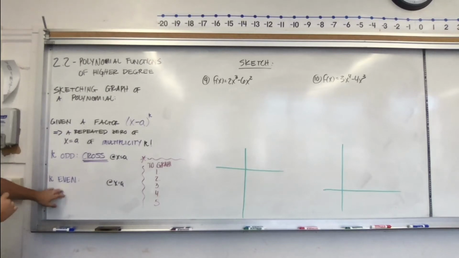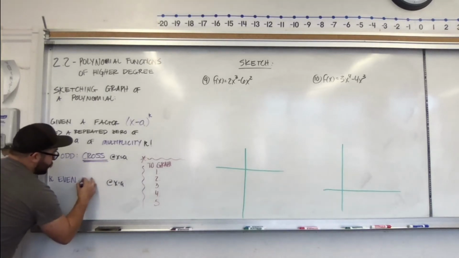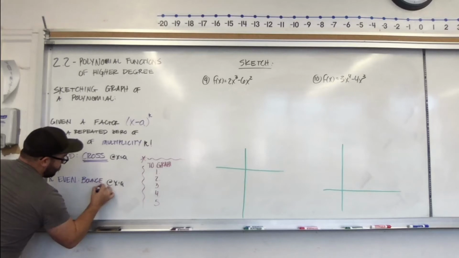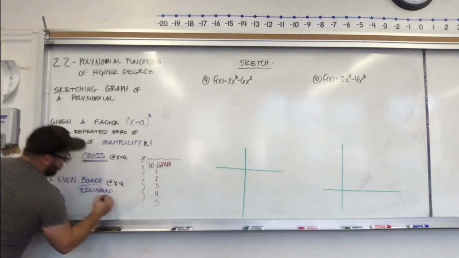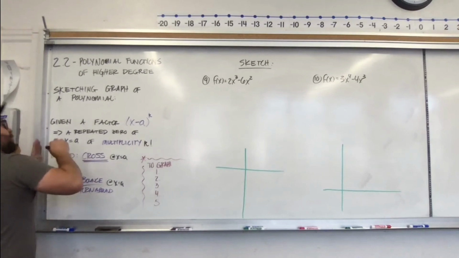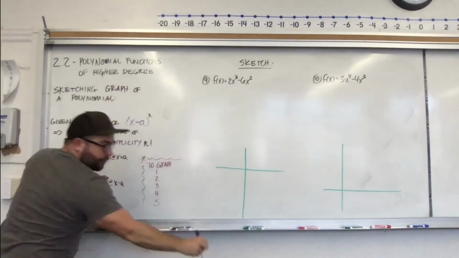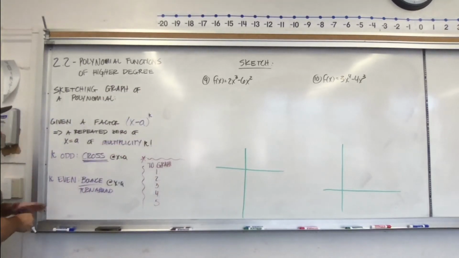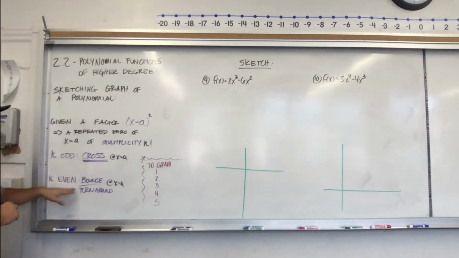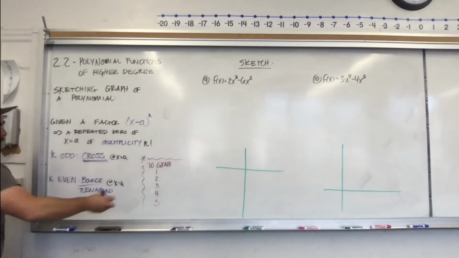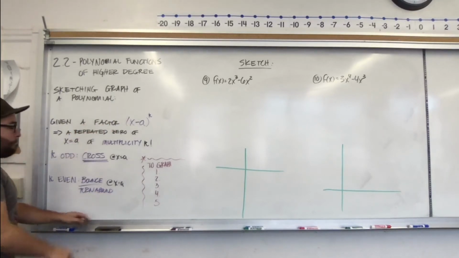And if it's even, then we're going to bounce or turn around. Regardless, we're not going to cross. We're just going to touch that 0 and turn back around and bounce down to the other direction. So if the power of the factor is odd, we cross through it. If it's even, we bounce or turn around at that 0. And we're going to see some cases of that coming up.